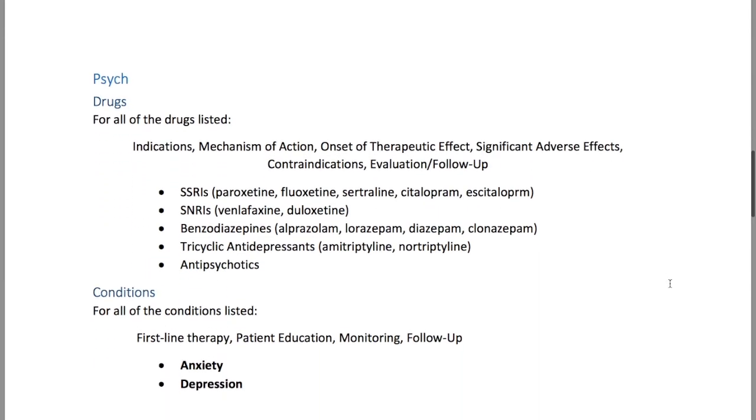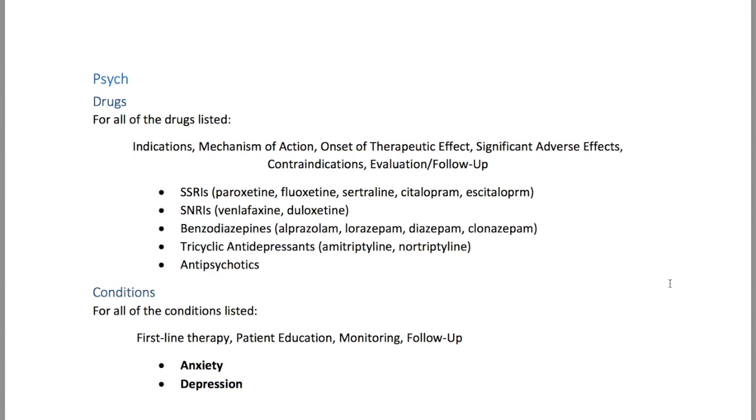Next up, we have the psych portion of the module, and again, you're looking at the indications for these drugs, mechanism of action, onset, adverse effects, contraindications, and evaluation and follow-up. For the psych drugs, we're going to be talking about the SSRIs, the SNRIs, benzodiazepines, the tricyclic antidepressants, and the antipsychotics.